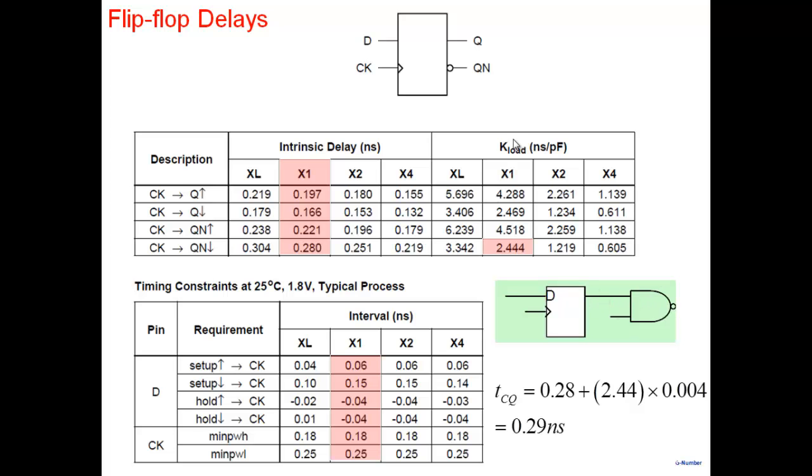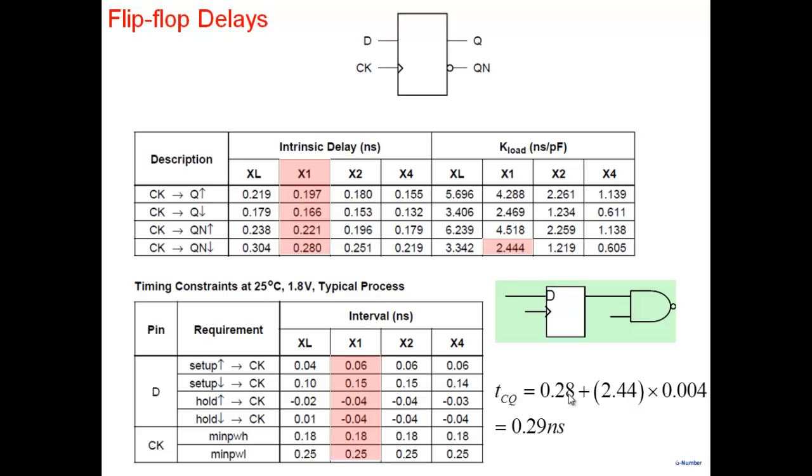And so this describes the additional delay that comes in. It says that for every pF of load capacitance, the delay increases by 2.444 nanosecond here. So what it means is that the net delay from clock to Q will be the intrinsic delay plus 2.44 multiplied by whatever is the load capacitance here.